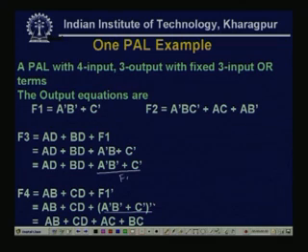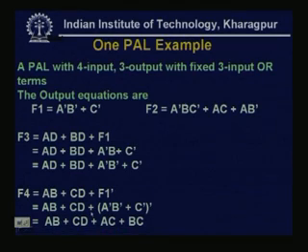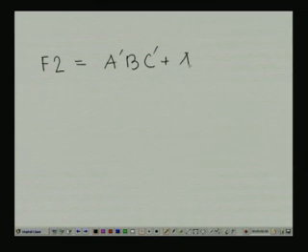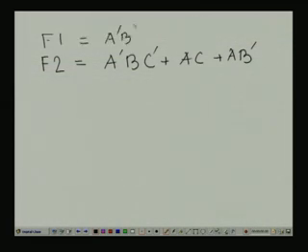Now, we see how we can realize this. First we write A dash B dash plus C dash, and A dash B C dash plus AC plus AB dash, and F1 is A dash B dash plus C dash.